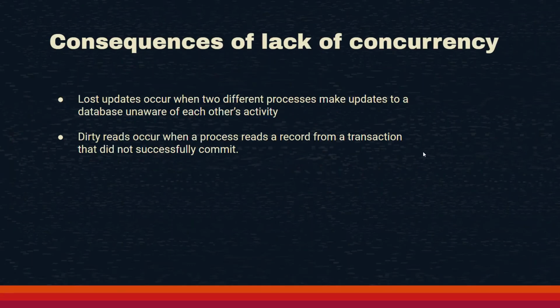The consequence of lack of concurrency is that lost updates may occur when two different processes make updates to a database and are unaware of each other's activity. Dirty reads occur when they read a record from a transaction that was not successfully committed, like we talked about before.